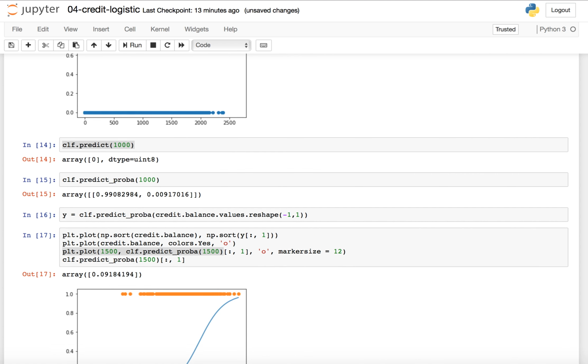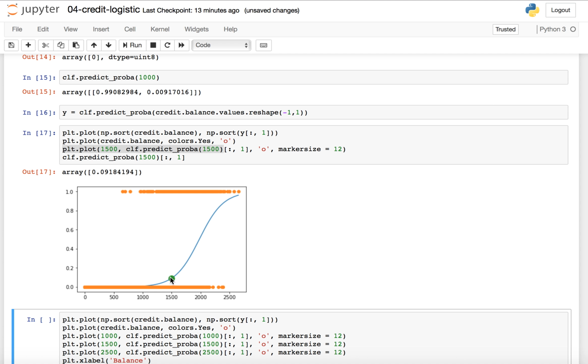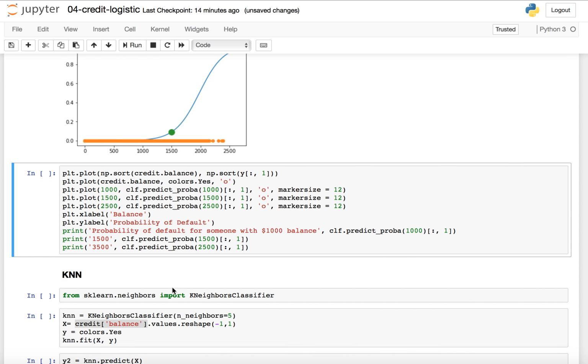And then we can look at a plot of that, and here we go. We see that curve of probability values. This point here is the likelihood of somebody with a $1,500 balance being in either class 0 or class 1. The likelihood that they would default is not quite 10%, so we would say that they're in the not default group.